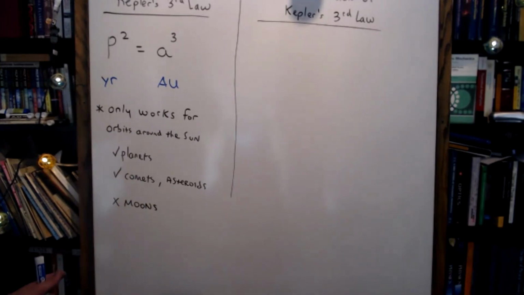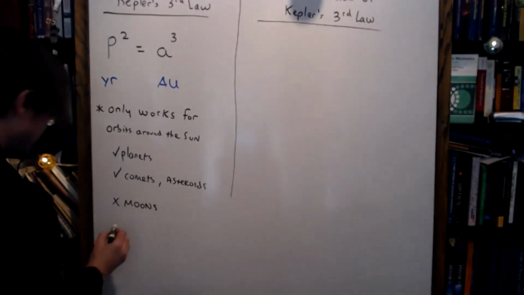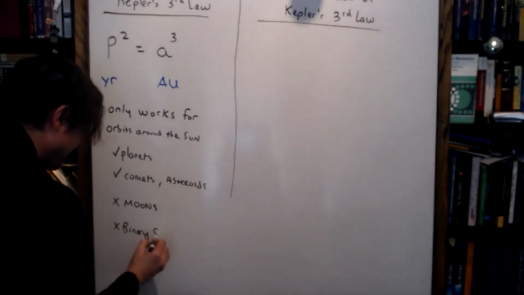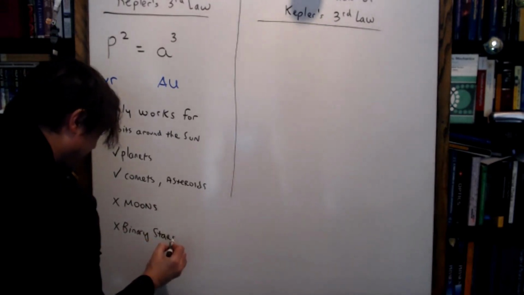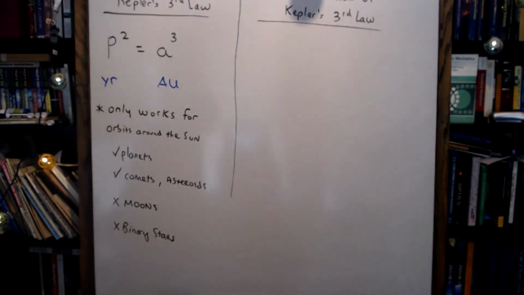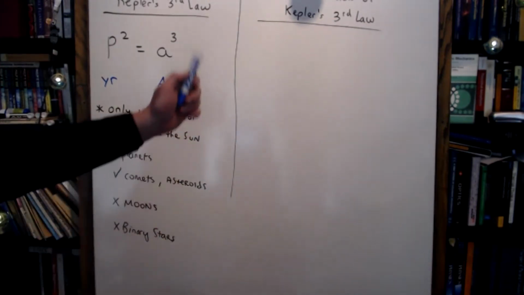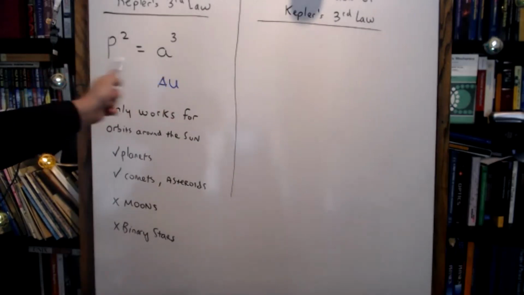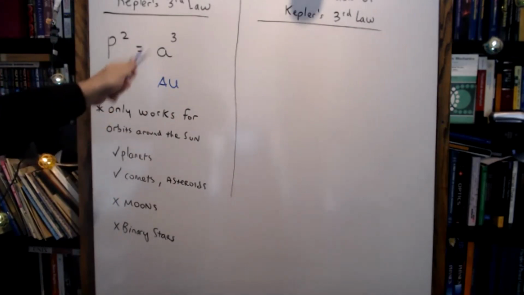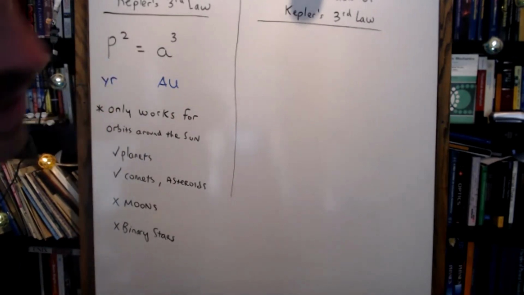Although this won't be much of an issue in our solar system course, it won't work for binary stars either. We don't really cover binary stars in Astronomy 1010, but I'm telling you that for completeness. Newton discovered that he could make a version that would work all the time for any two orbits because he knew the law of gravity and he plugged the law of gravity into this equation.